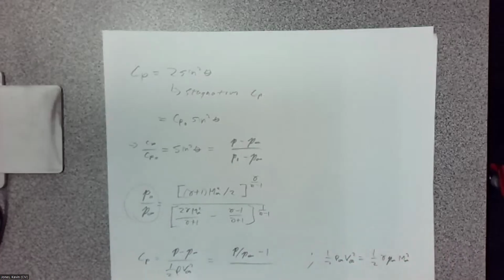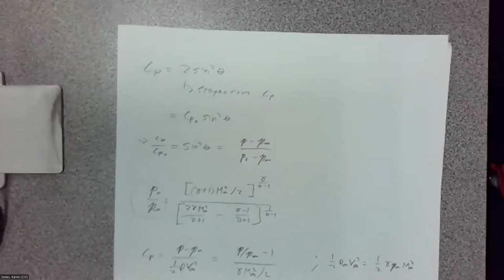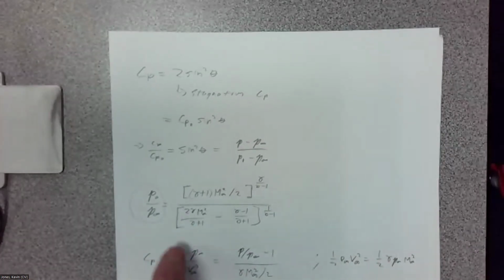So let's take that and sub it in here. What we're left with is gamma M infinity squared over 2.